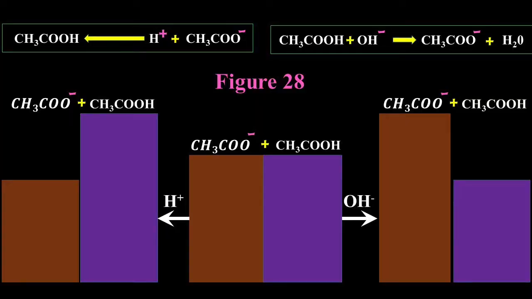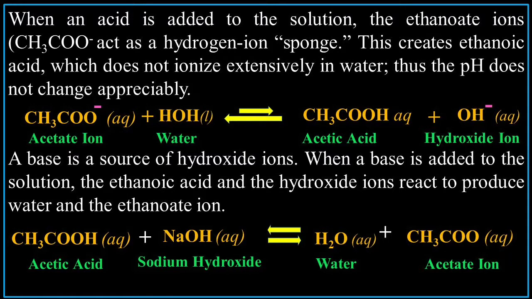Here's another shot of figure 28. In the left reaction, acid is being added, and in the right reaction, OH is being added. When an acid is added to the solution, remember we were producing the acetate ion, that was the first reaction, sodium acetate.